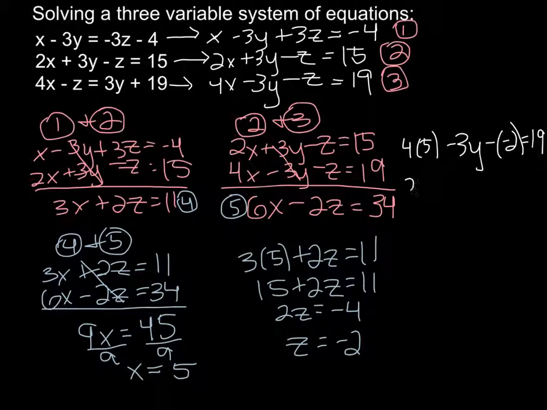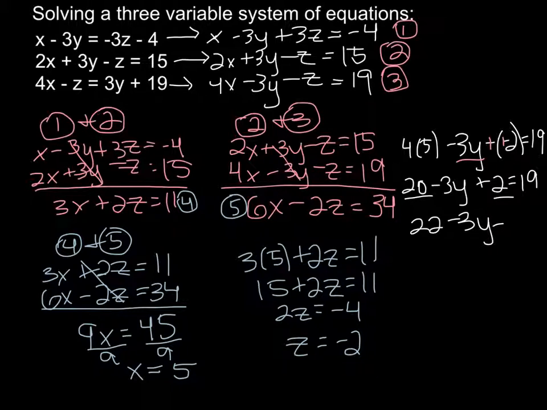So that gives us a 20 minus 3y minus negative 2, if we keep change, gives us plus 2 equals 19. Combine like terms, so we get that 22 minus 3y equals 19. We subtract the 22 to the other side, and we get that negative 3y equals a negative 3. Divide by negative 3 on both sides, you get that y equals 1.